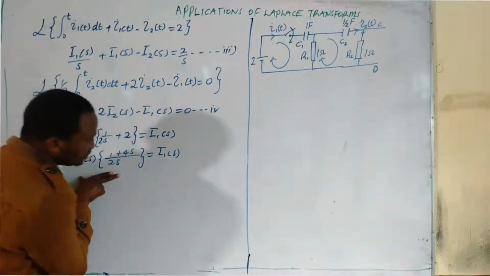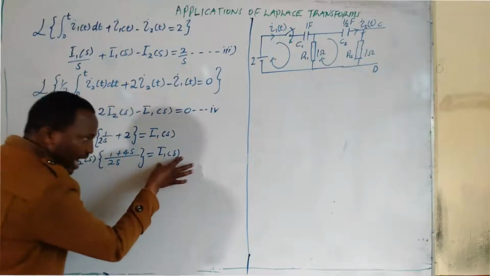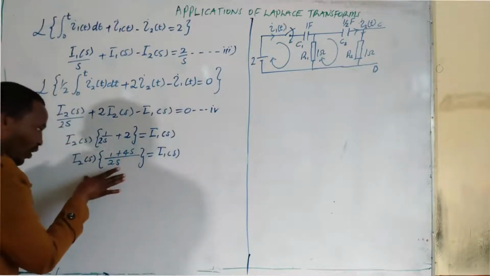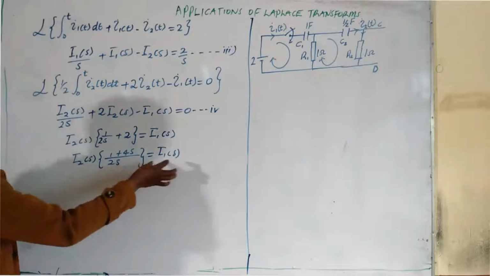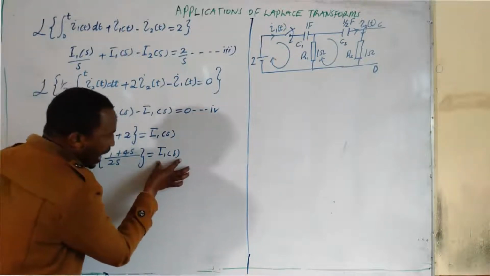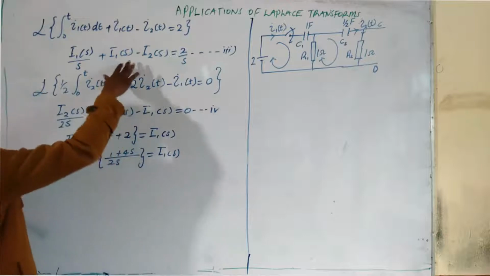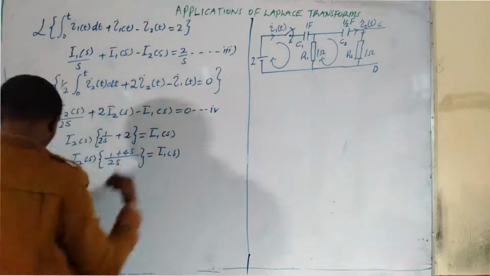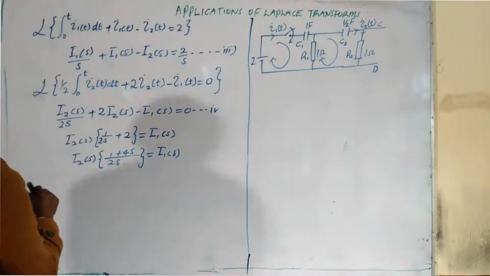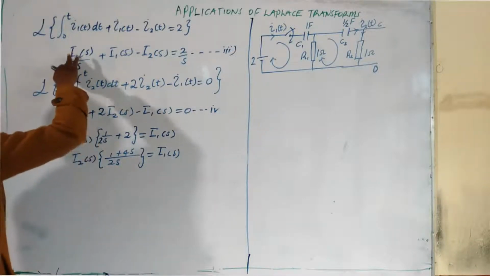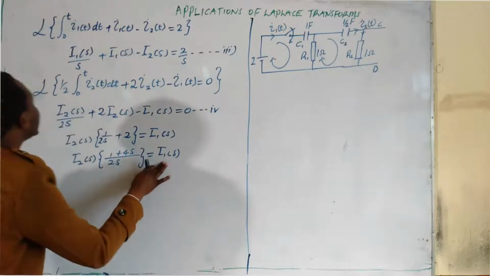From this equation, I1(s) is equal to I2(s) times this. We are going to substitute this value of I1(s) in our equation 3 here. So whatever you have as I1(s), we put this.